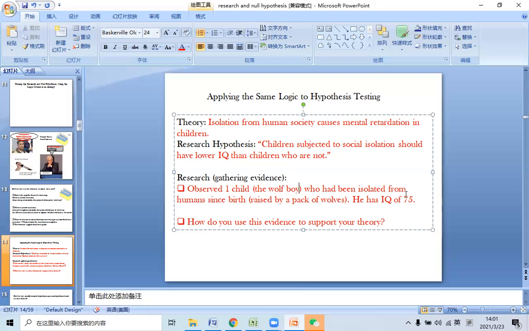Suppose his IQ is 75. This is a rather low IQ. Well, how do you use this piece of evidence to support your theory? Does it support your theory that isolation from human society causes mental retardation? You would use evidence on your hypothesis.